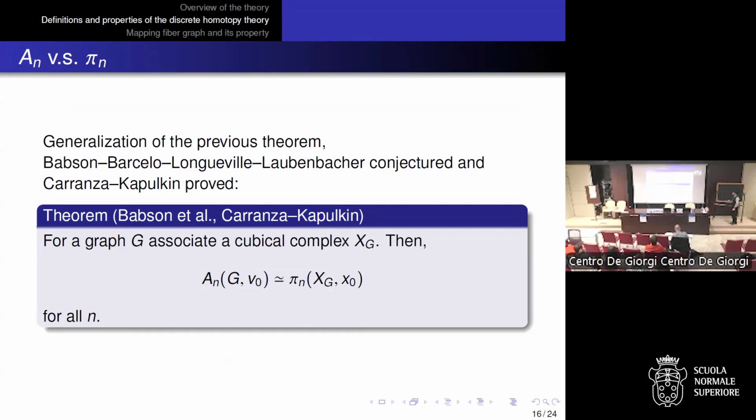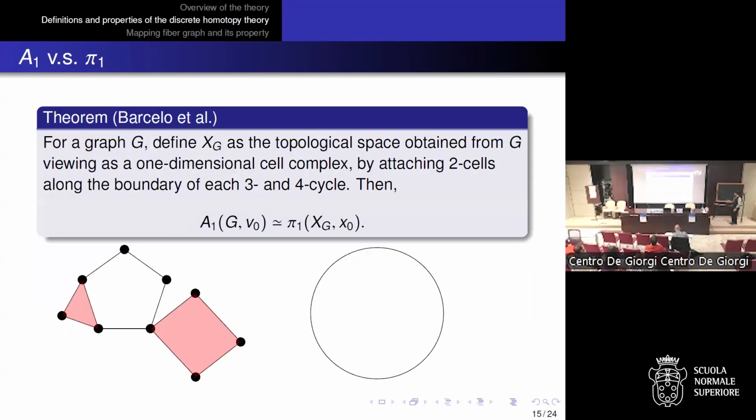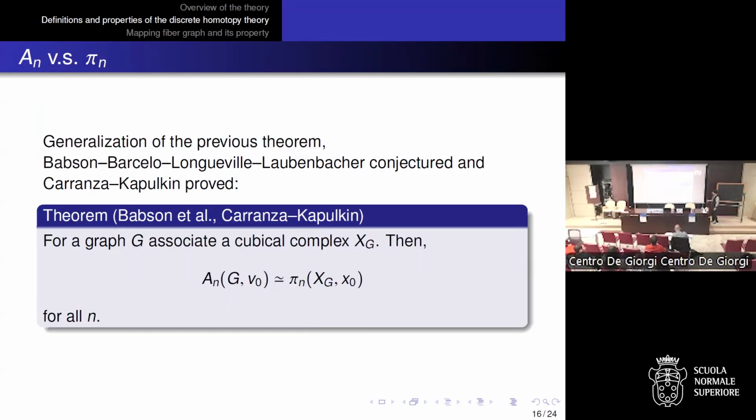For a graph G, I won't explain more here, but they associate a cubical complex X_G. This is a different space from this space. But anyway, they define a kind of cubical complex X_G, and then this isomorphism holds.